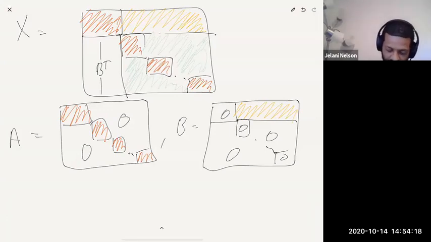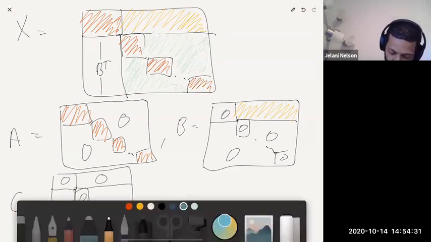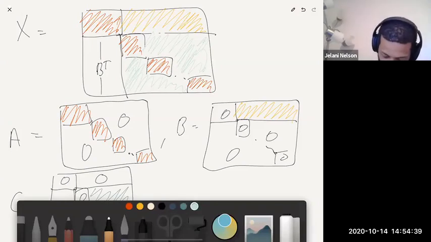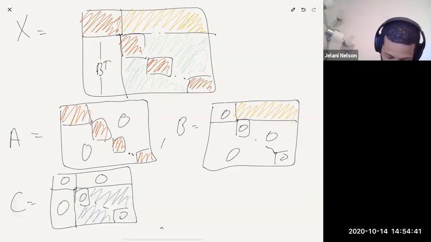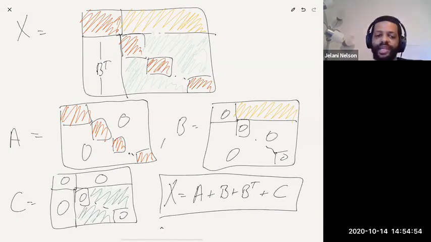And C is what you expect now. If you again draw that picture, C has a 0 here, 0 here, 0 here, 0 all down the diagonal, and then it only keeps these entries. Does that make sense? I guess wrong color, but you know what I mean. So basically, at the end of the day, X is equal to A plus B transpose plus C. I just partitioned the entries in this way.